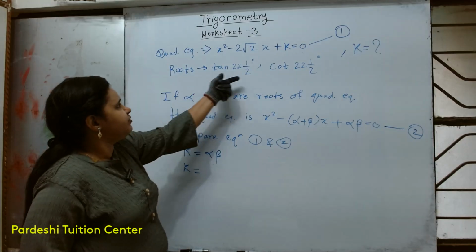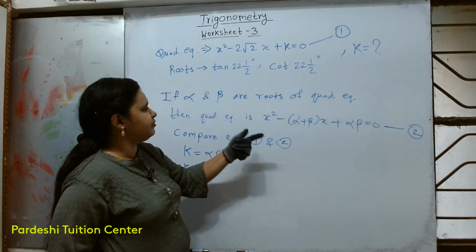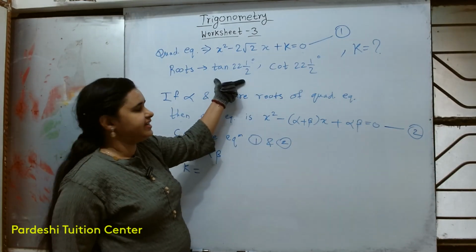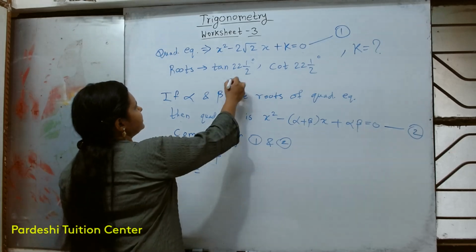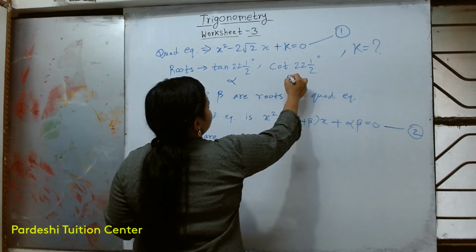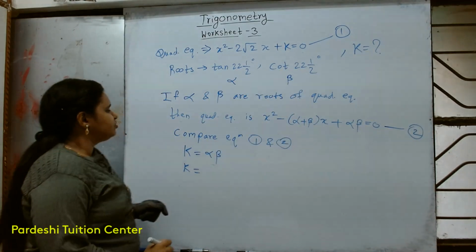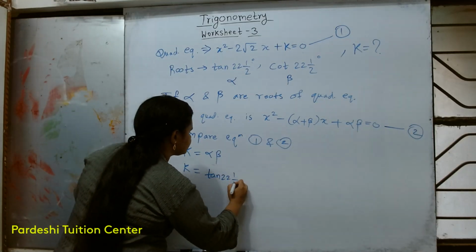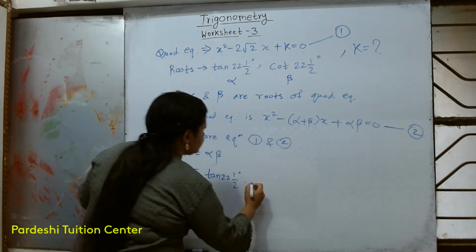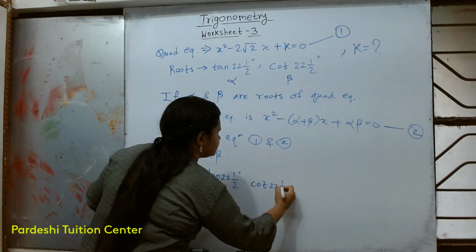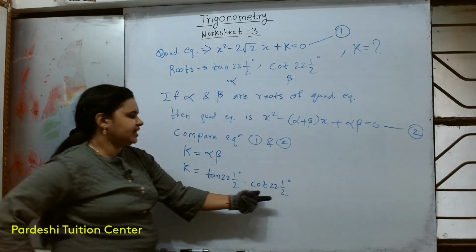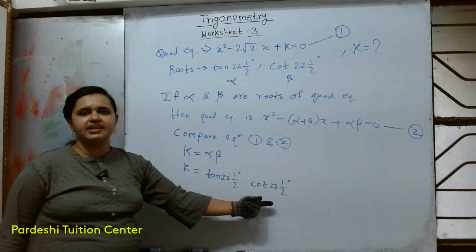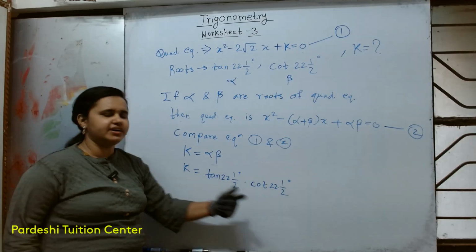Alpha and beta are the roots. So I take tan 22.5 degrees as alpha and cot 22.5 degrees as beta. Cot is the inverse of tan, so we can write cot as 1 upon tan.